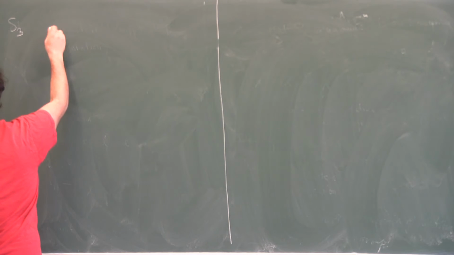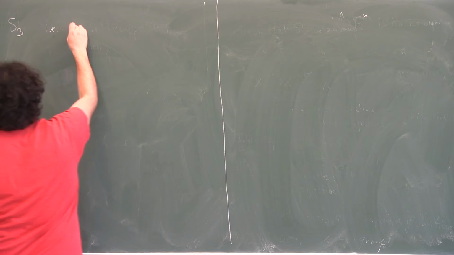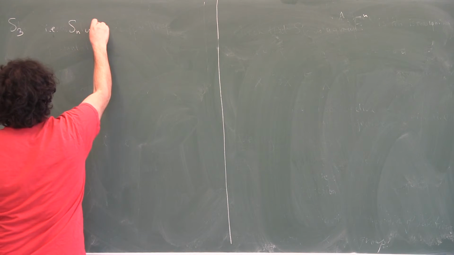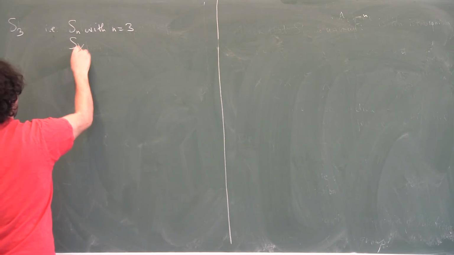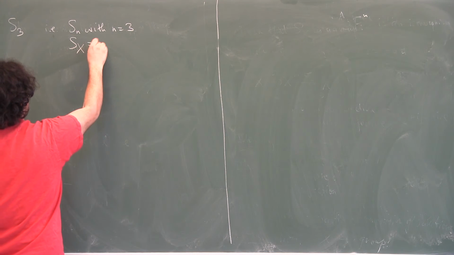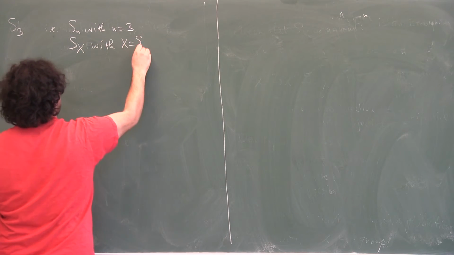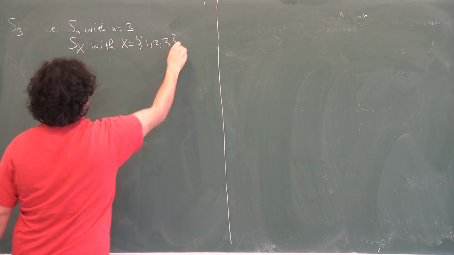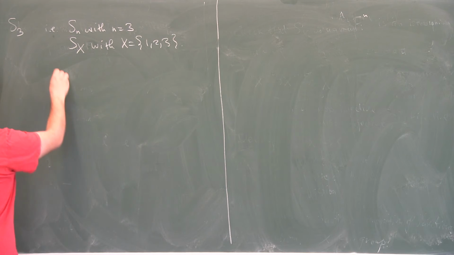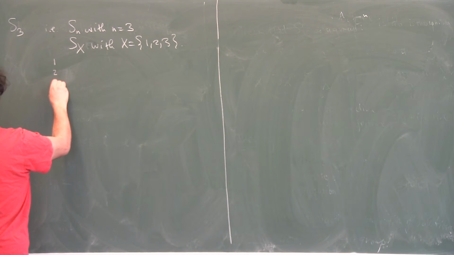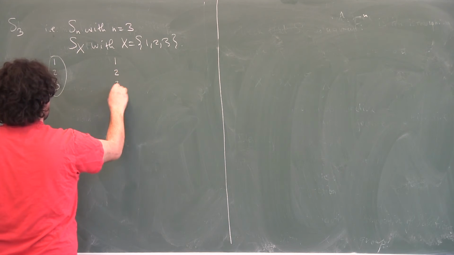So that is, we are looking at S_n with n equal to 3, or we can also think of it as though we're looking at S_X with X equal to 1, 2, 3. Okay? So what's going on here? We have 1, 2, and 3. Let me write them twice.